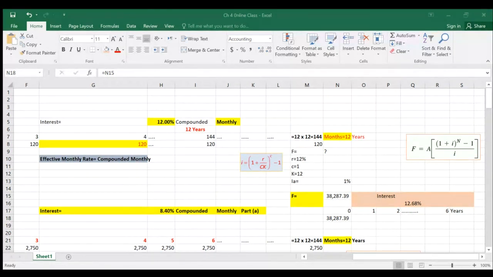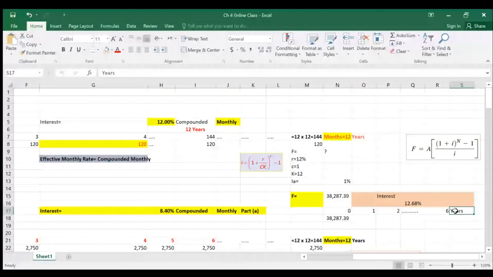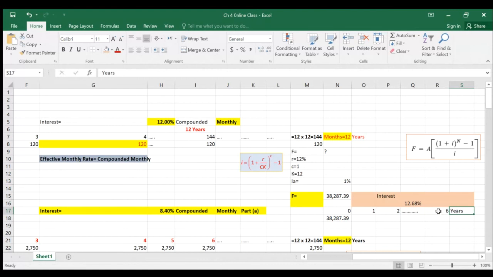If you put months here instead of years, you can do the same thing. Your N here will be 12 times 6, which is 72 months, and your I will be 1%.